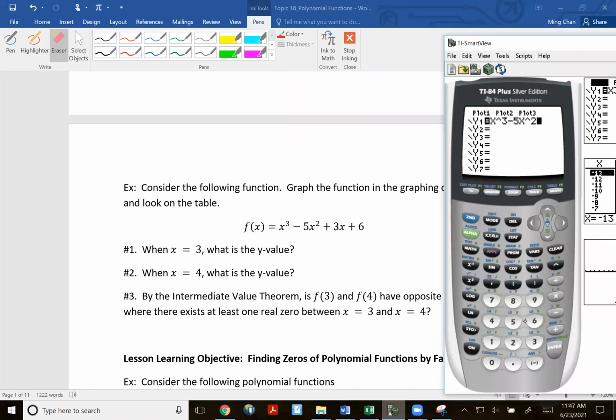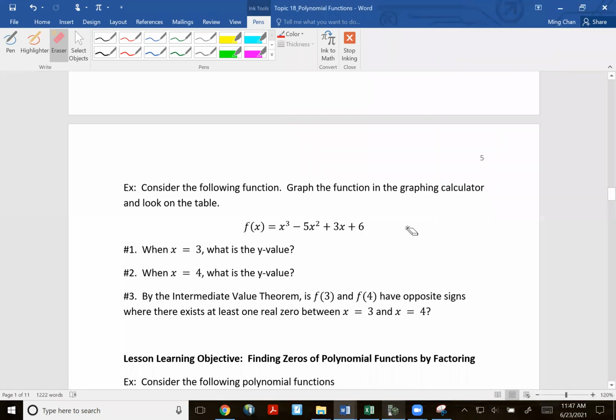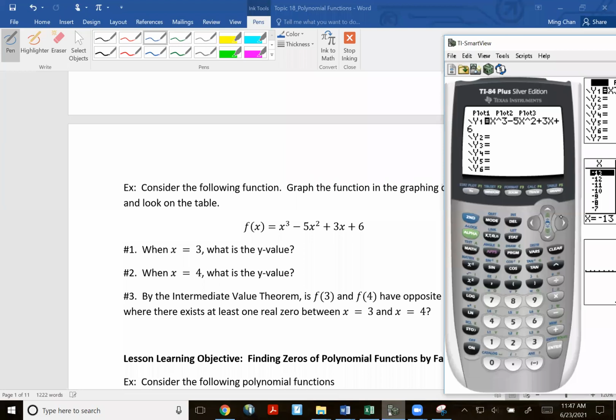All right, here's a cubic function. So this one should look like this: right side goes up, left side goes down.